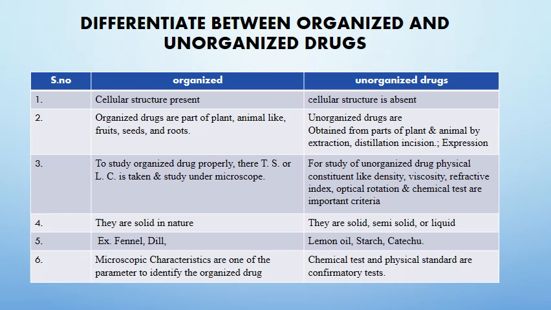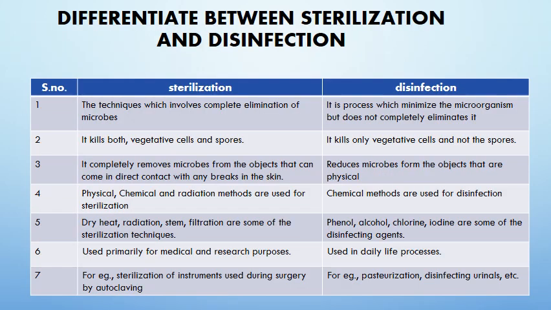Organized drug example is phenylenediol, but unorganized drug examples are lemon oil, starch and catechu. Microscopic characteristics are one of the parameters to identify the organized drug, but different chemical tests and physical standards are required for testing unorganized drugs.